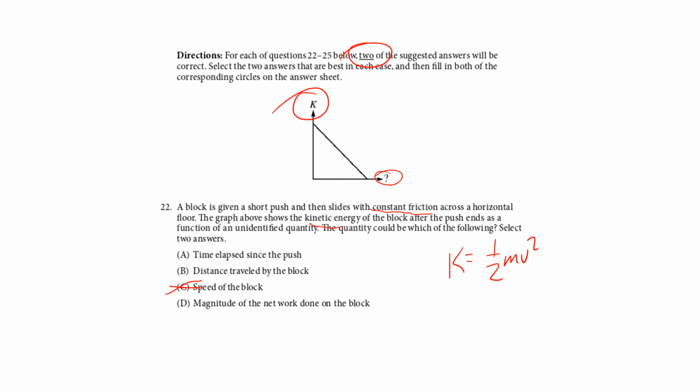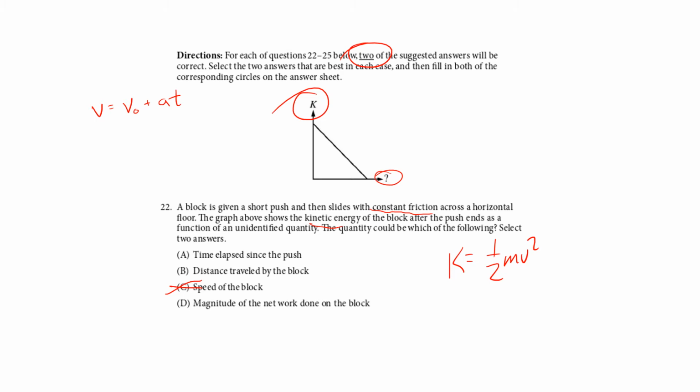All right, let's do another one. Let's talk about time. Is it time? Well, let's find out. So we need something to relate time and there. Since we have constant friction, we have constant acceleration, right? So the block's not changing size. So we know that v is equal to v0 plus at, right?